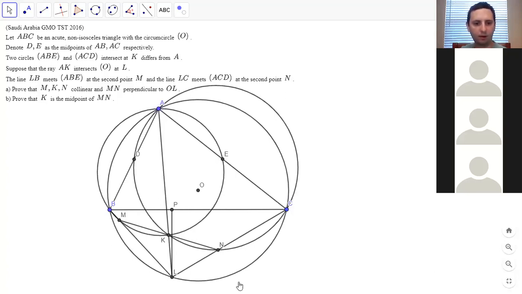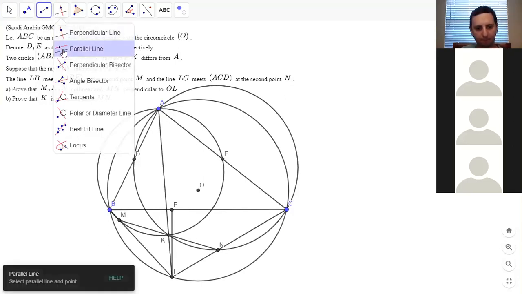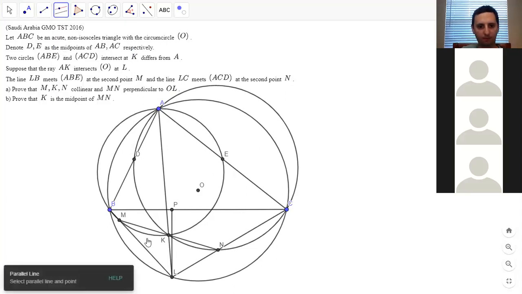And part B isn't really hard either. Yeah, just present part B and we'll speed run the problems. Sounds good. So you draw the line through L parallel to MN. We're using harmonic conjugation to prove that K is the midpoint.